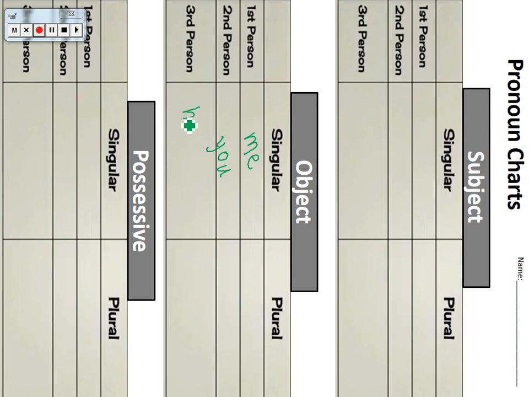Third person: him, her, it. Us for plural, first person. You for plural, second person. And then them for plural, third person. So pause this if you need to make sure you get all of these down.